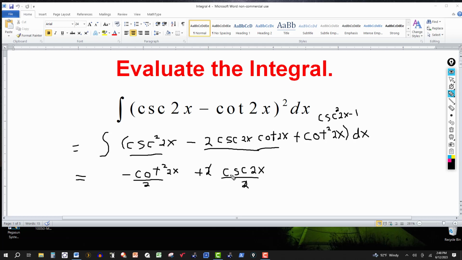And then you can check your answer here. The derivative of cosecant is minus cosecant cotangent of the angle 2x times the derivative of the argument here. You get that there. And then for this one, we're replacing cotangent squared of 2x by this. So let's look at first cosecant squared.